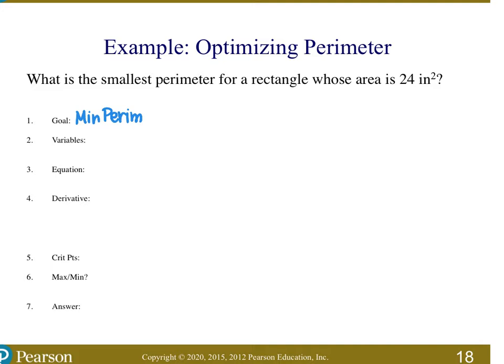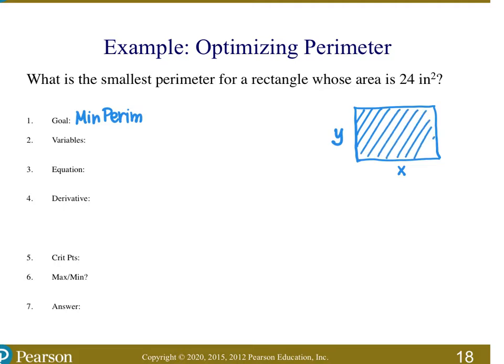So I'm going to need to draw my own rectangle. Then I'll call it x, and I'll call it y. And I know that the area on the inside is equal to 24.